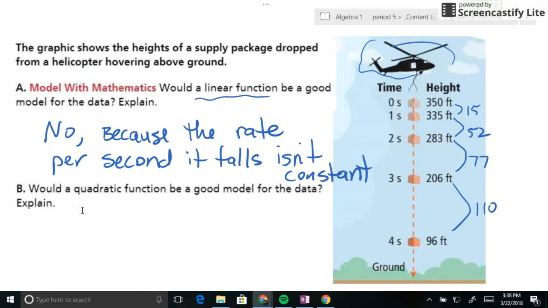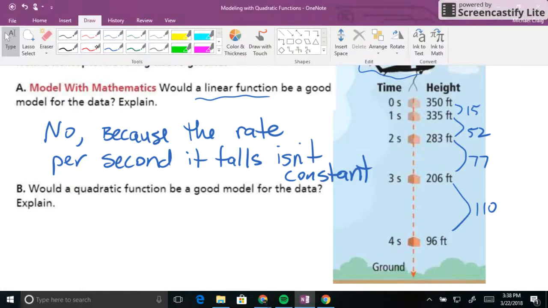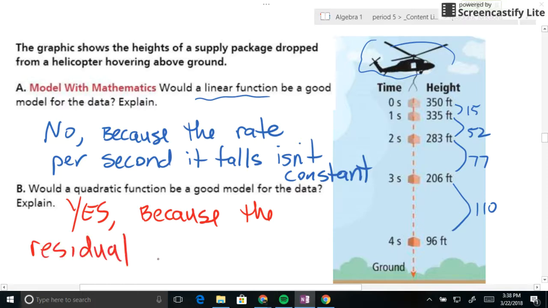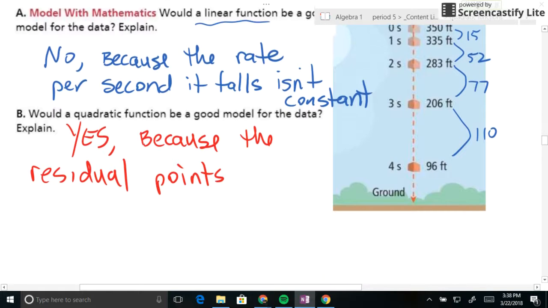So if I were going to answer this question, would a quadratic function be a good model for the data? Yes. And the reason being is because the residual points are above and below the x-axis.